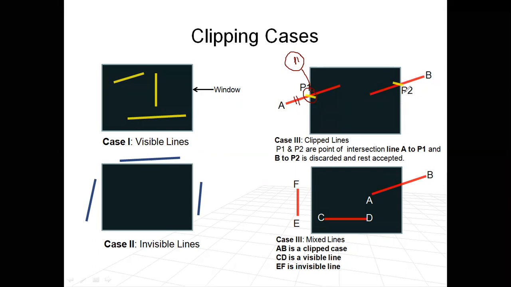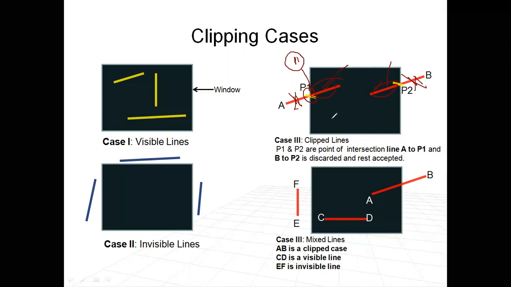So we will calculate it, and we can see this part is the visible line and this part is the visible line in this case. So this will be accepted and this will be discarded. This will be removed, or this will not be considered. So when we look at the viewport, only this part of the lines will be viewable.